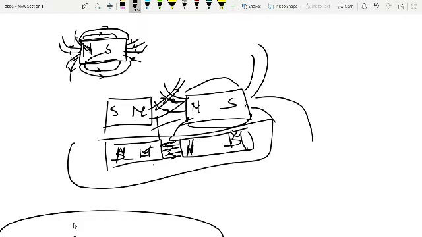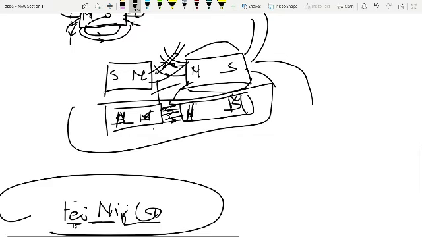Then diamagnetism is shown by materials like copper, right? Bismuth, which become magnetized in a magnetic field with a polarity opposite to the external magnetic field. Unlike iron, they are slightly repelled by a magnet.